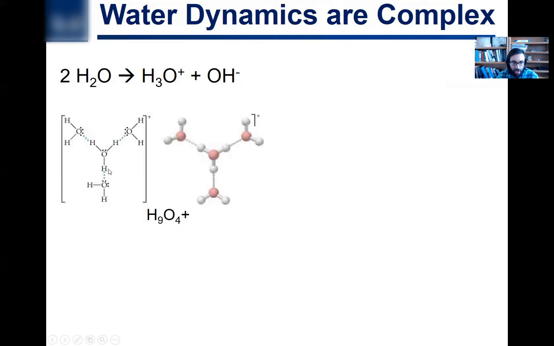So you have these hydrogen bonds, and then protons can transfer through these adjacent water molecules very quickly. You can imagine this bond breaks and you form this bond to make a hydronium ion. This is how chemists usually think about proton hopping.